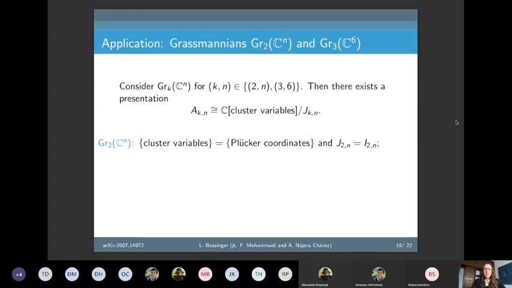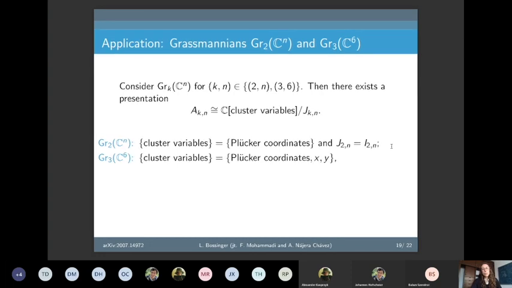So in the case of the Grassmannian Gr(2,n), I've already told you that cluster variables are in correspondence with Plücker coordinates. So this presentation is nothing but the usual presentation of the Plücker algebra. So this ideal J_{k,n}, or J_{2,n}, is just the usual Plücker ideal I_{2,n}.